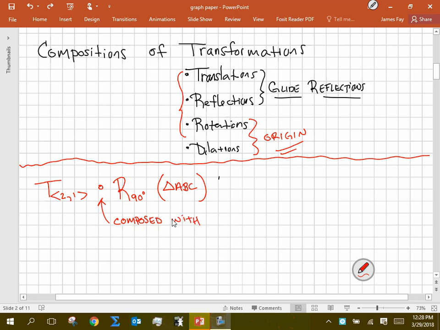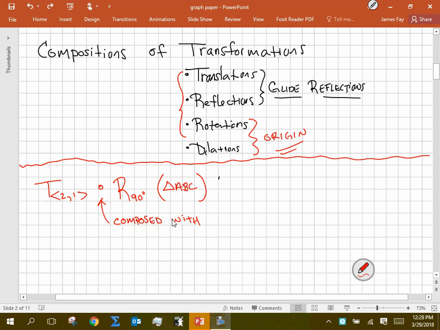It is not multiplication. It is not a solid dot, it's an open dot, and we refer to it as the phrase composed with. So the way I read this is we're going to do the translation of 2 comma 1 composed with a 90-degree rotation of triangle ABC.